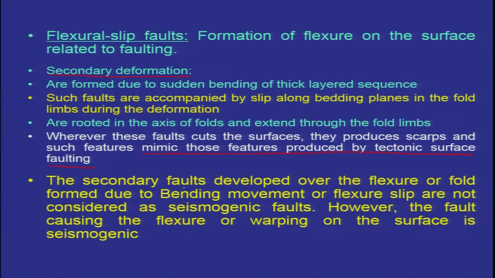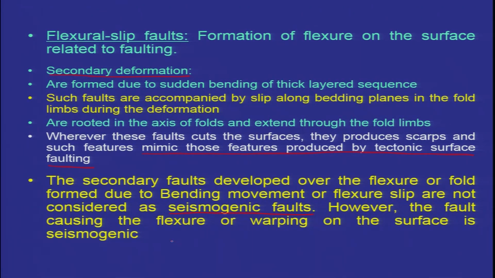So the secondary faults developed over the fracture or fold formed due to bending moment or flexure-slip are not considered as seismogenic faults. However, the fault causing the flexure or warping on the surface is seismogenic.